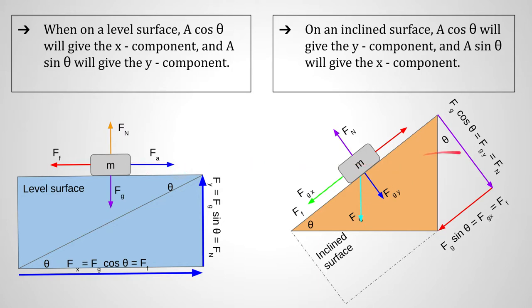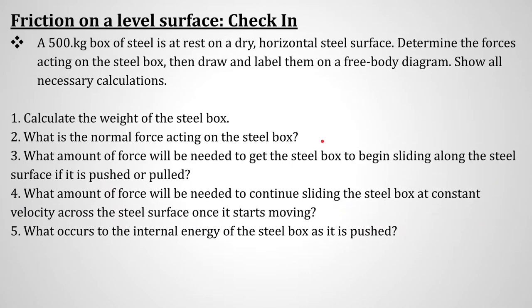But on an inclined surface, because of the geometry, to find how much the object is weighing onto the surface, we use this purple vector, which is cosine, and which also gives us the normal force, because normal force must point up perpendicularly from the surface. Normal means right angle. And to find how much the weight is pulling down the incline, we must use sine. Okay, so that's really it.